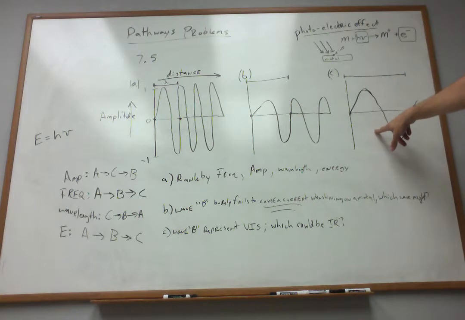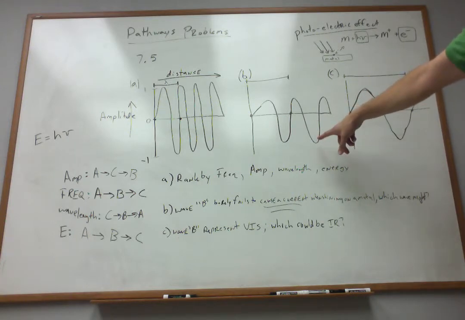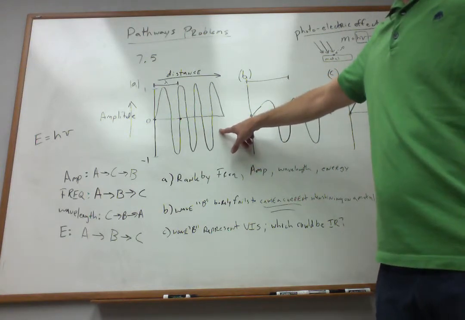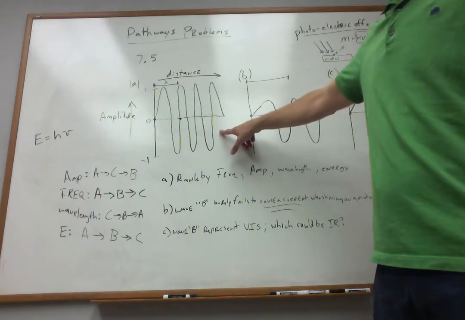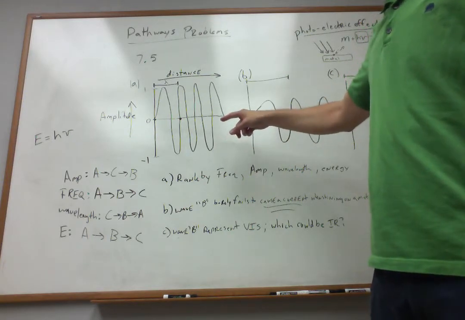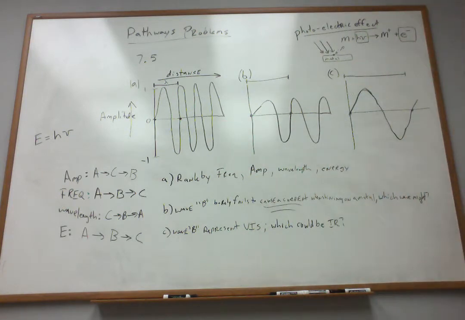Now C has a lower frequency, a longer wavelength, and a lower energy, right? So because of that, this is not likely to work at all compared to B. We know that B didn't work, so C is not going to work. But what we should do is pick the most energetic, or any more energetic waves. And our only choice here is wave A, because this is the highest frequency, the highest energy wave, and this one might work to produce a current via this photoelectric effect, okay?